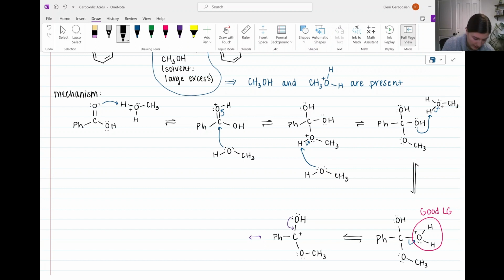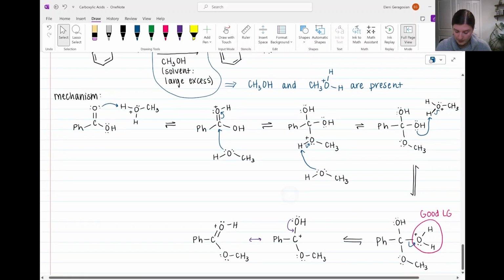This generates a closed shell carbon. We do have a positively charged oxygen, but this resonance structure is more stable.